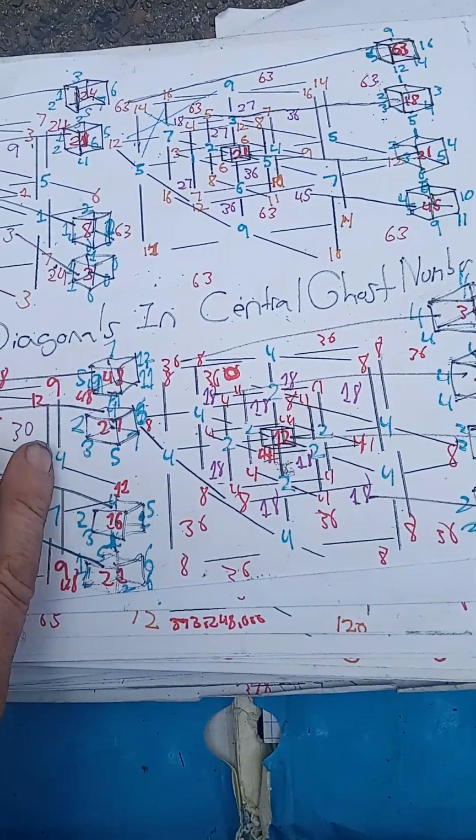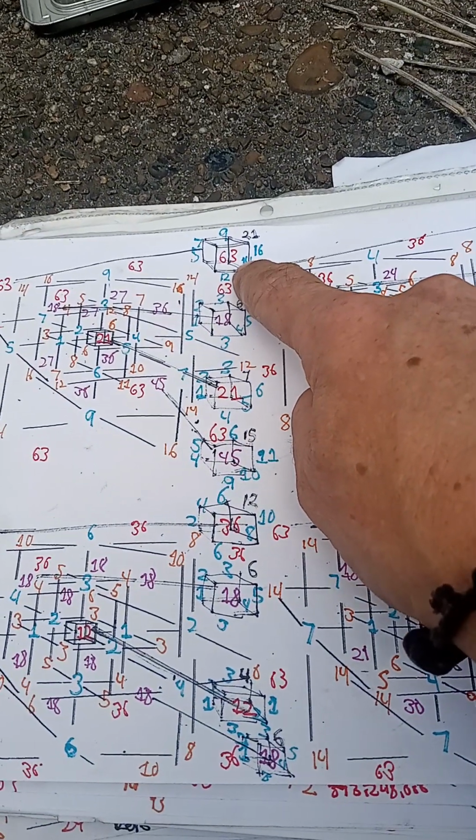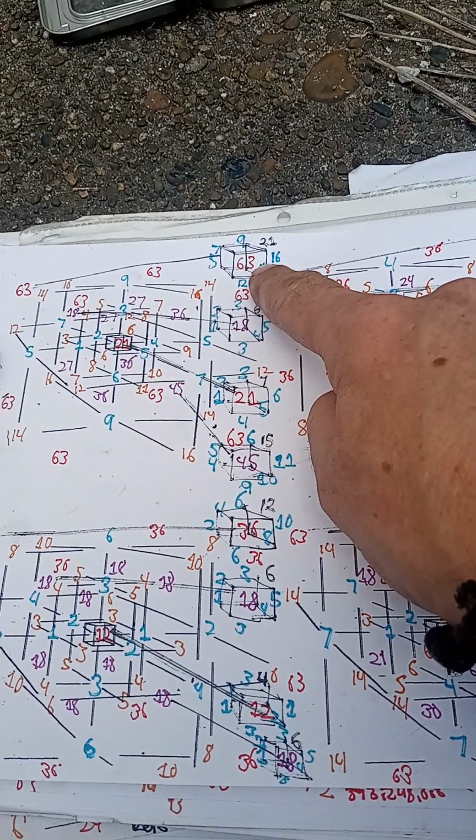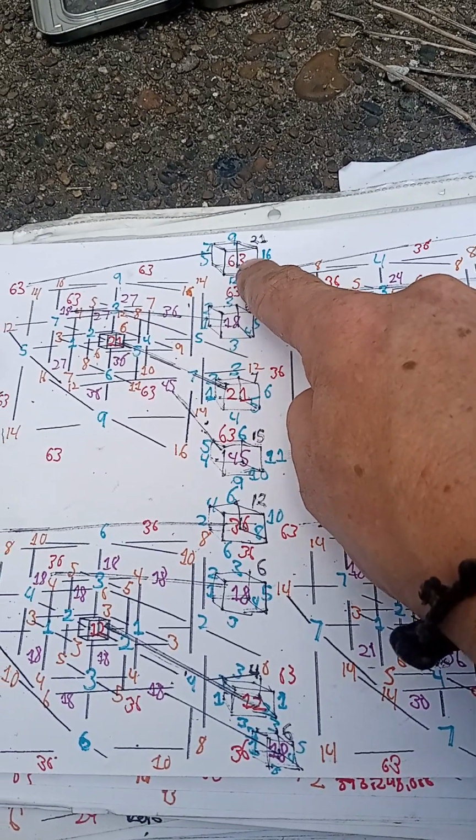But what I'm trying to do here is see, since each cubic octant is its own potential central ghost number cube, and the central ghost number cube can be fractalized.